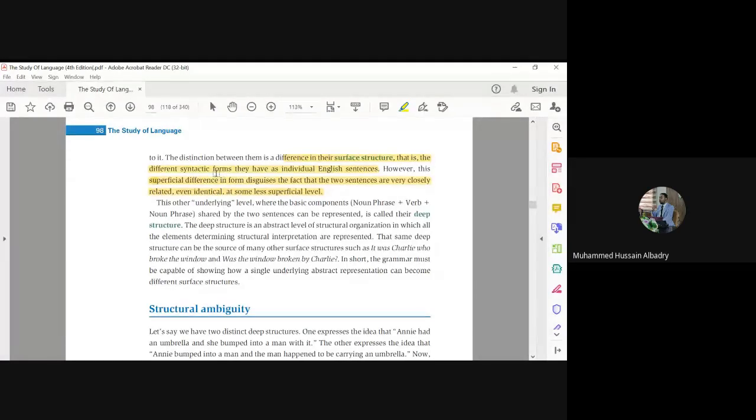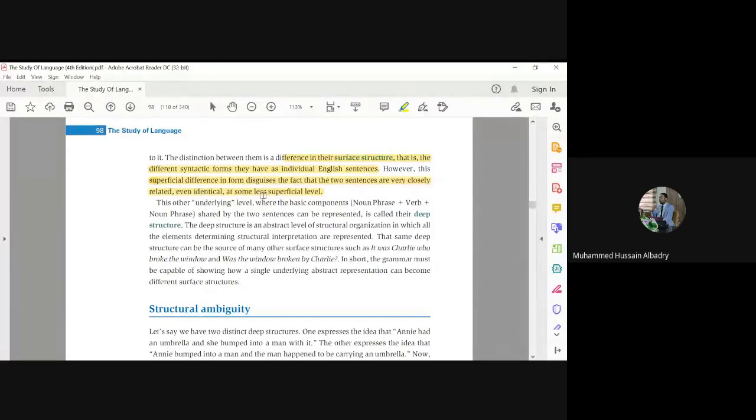The different syntactic forms, the word units, the arrangement of them is different as individual English sentences. It is just a superficial difference, but these two sentences are related, identical.